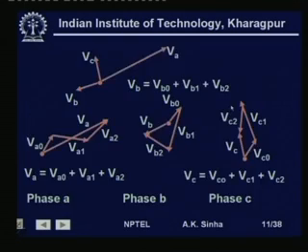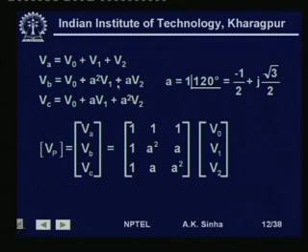So, we are writing VB2 as a times V2, since we are using A as reference. Similarly, VC is nothing but VC0, which is same as VA0, plus VC1, which is again a times VA1 or V1, plus a squared VA2, which is basically VC2. So, VC2 is a squared VA2 or a squared V2.